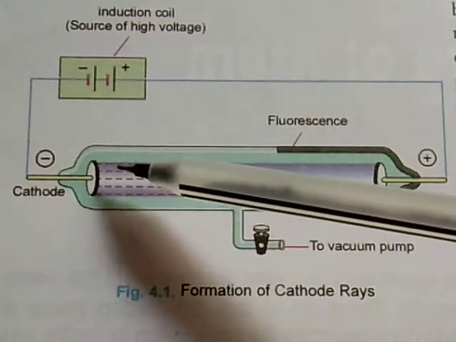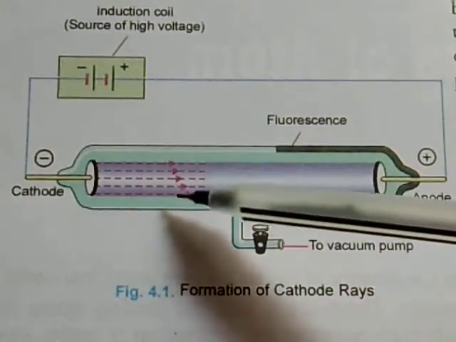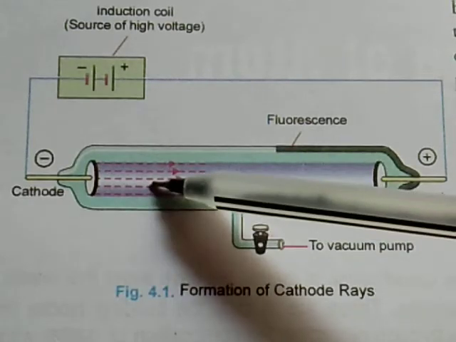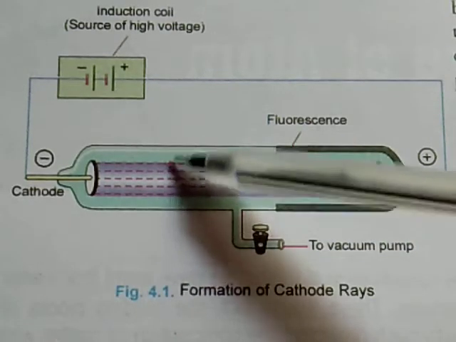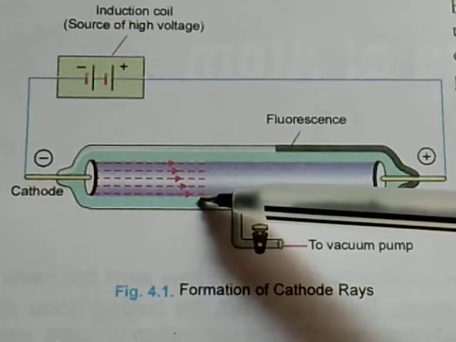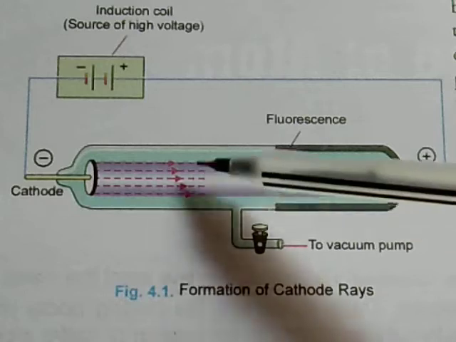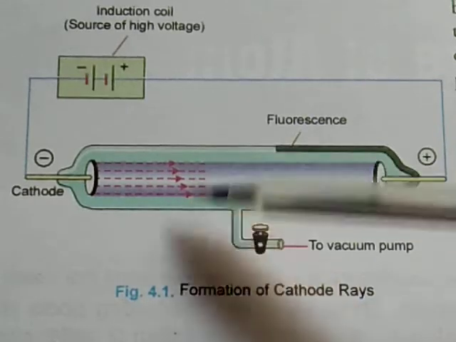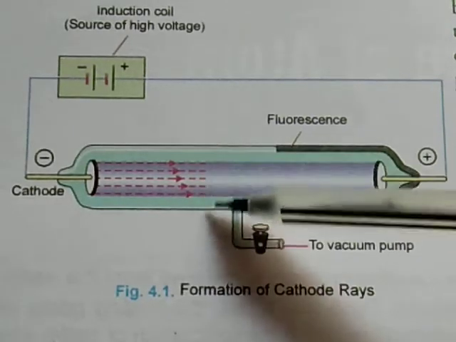He found a beam of negatively charged particles. These rays are called cathode rays. These negatively charged particles were called electrons.